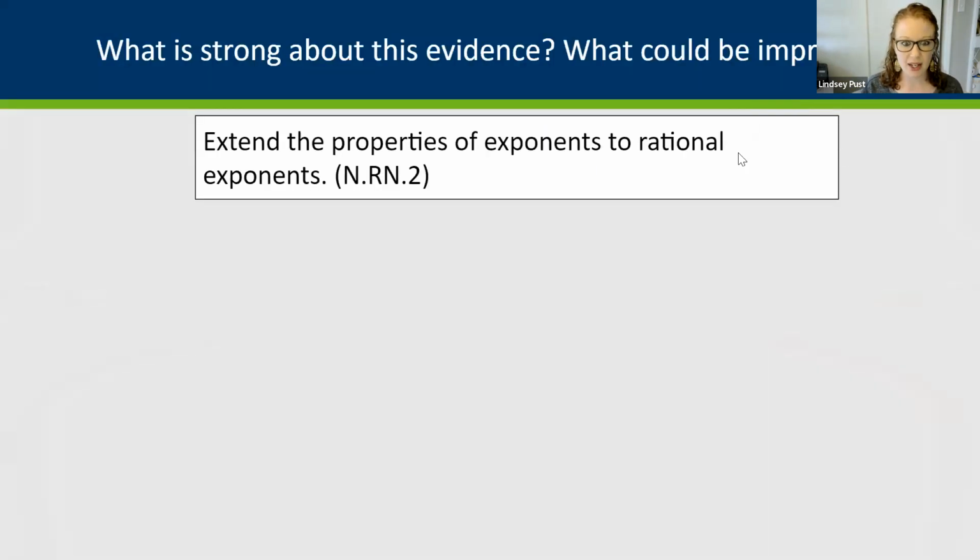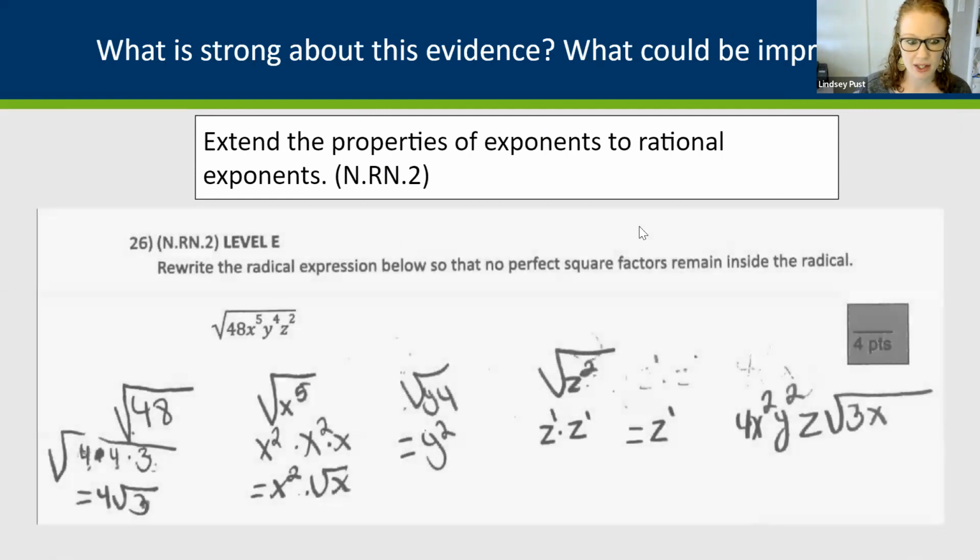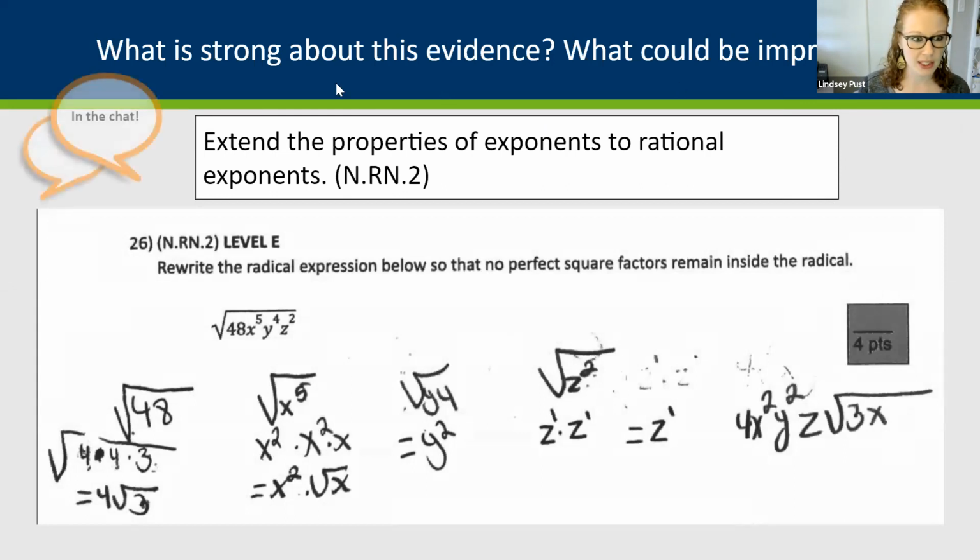So for number sense, this is the level E standard that we're going to look at: extend the properties of exponents to rational exponents. And here is an example of student work. I'm going to give you a moment to look at that. And then my question in the chat is, what is strong about this evidence?